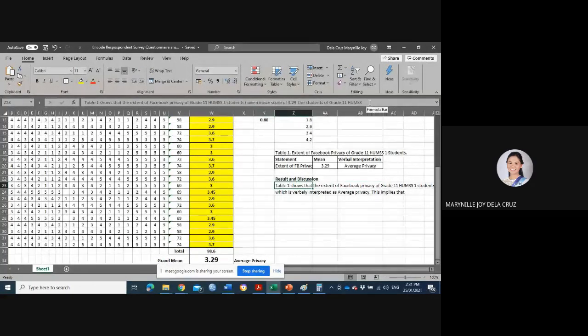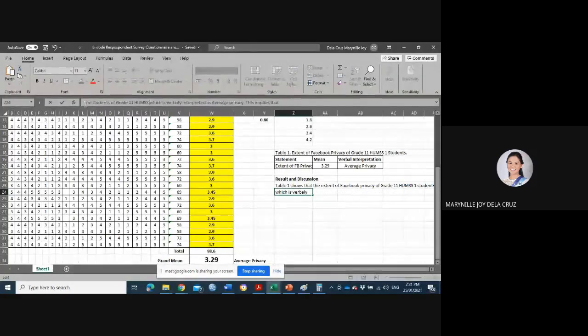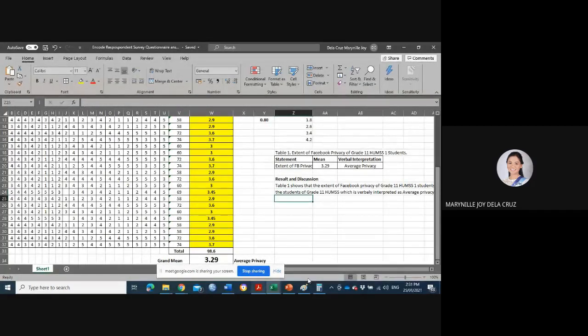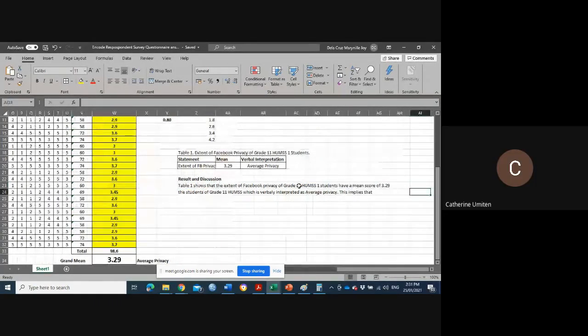What do you think? Wala kamo kaintindi kung ano yung meaning sang result mo? Table shows that privacy average. Implies that hindi ka maggamit ng average, but you use your own understanding. Kung average siya, ano na ibig sabihin ng average?